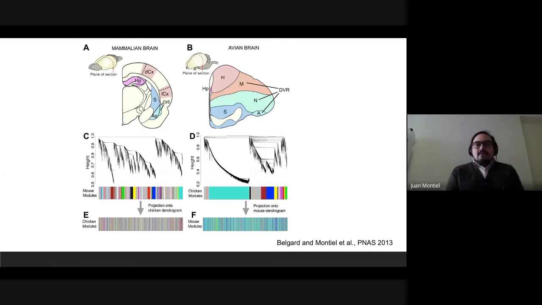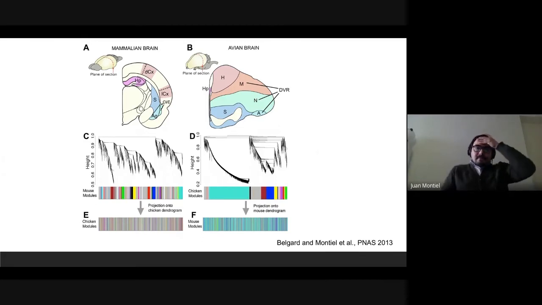So we can see this similarity, and we would like to define, as I said at the beginning, which is the corresponding part of the brain across the species. So then we can construct the evolutionary history, or a scenario, of this part of the brain.